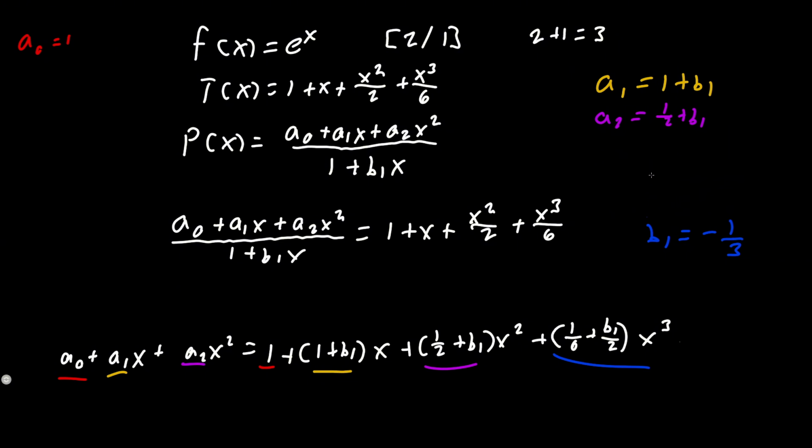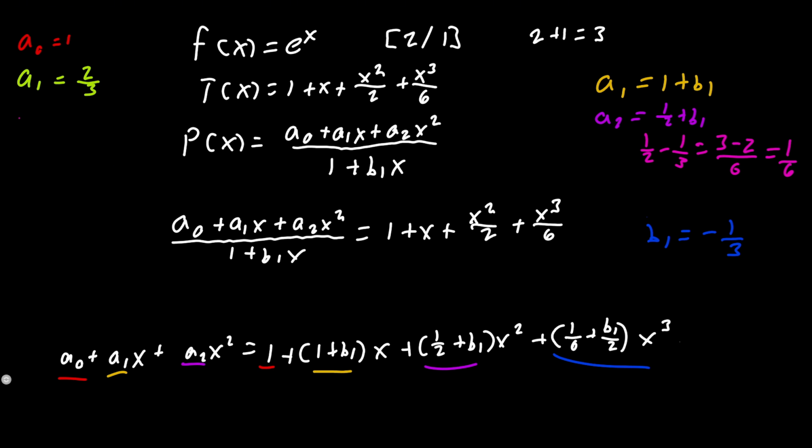And now we could find a1 and a2. So we're going to have that a1 is equal to 1 minus 1/3, which is just 2/3. So we found a1 is equal to 2/3. And a2 is 1/2 minus 1/3, which is 3 minus 2 over 6, which is just 1 over 6.